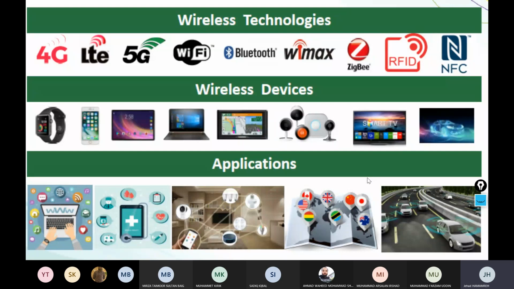If it's not Wi-Fi, there is Bluetooth and 4G and 3G and 2G, GSM and so on. You have WiMAX, Zigbee, RFID, near field communication. Near field communication, for example, you use in your payment card. When you go to the shop, to the mall, you buy your items, and when you want to exit the shop, you just pass by the cashier and use your card to pay for the items you have bought.